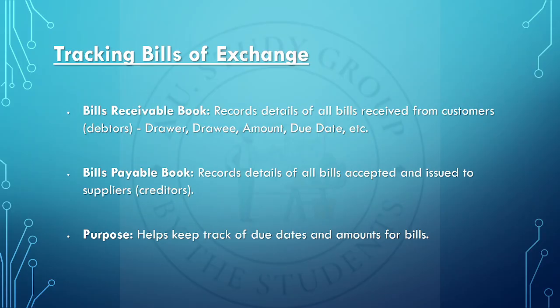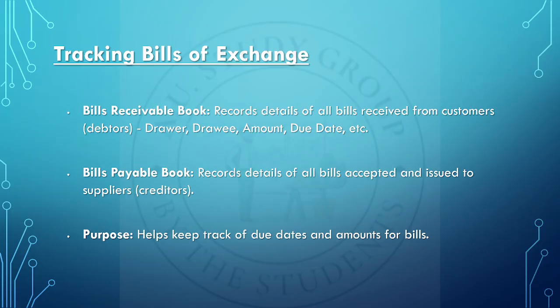Bills of exchange: now we'll have a bills receivable book and a bills payable book. In the bills receivable book, we record all details of all bills received from customers, debtors: the drawer, the drawee, amount, due dates, etc. Everything will be recorded in the bills receivable book. They track details of bills receivable and bills payable.